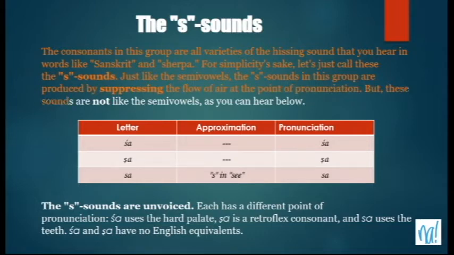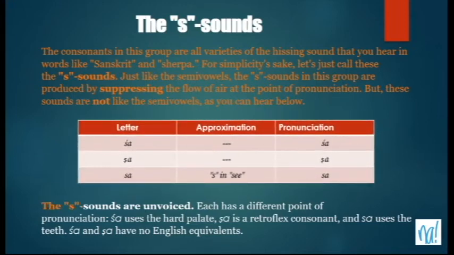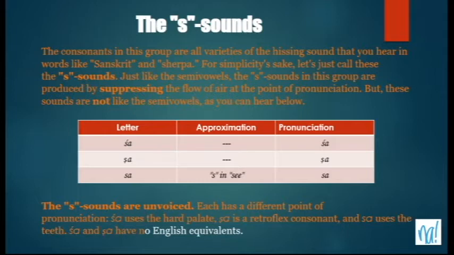But these sounds are not like the semivowels, as you can hear below. śa, ṣa, sa. The S sounds are unvoiced. Each has a different point of pronunciation. śa uses the hard palate. ṣa is a retroflex consonant, and sa uses the teeth. śa and ṣa have no English equivalents.